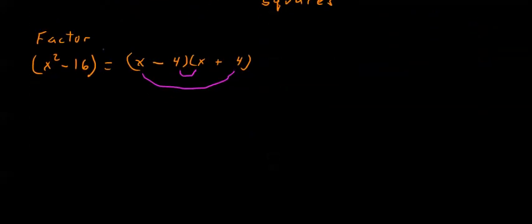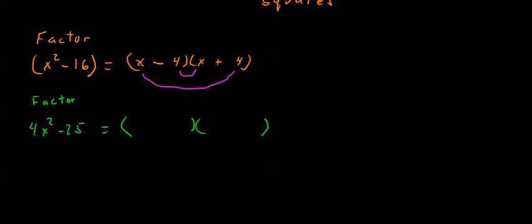Now, I did the first two with x squared, but it also works with 4x squared minus 25. If I ask you to factor that, these are all factors. 4x squared is a perfect square.